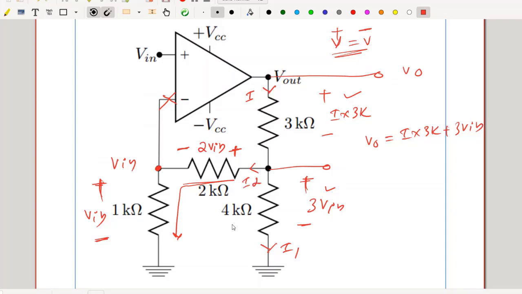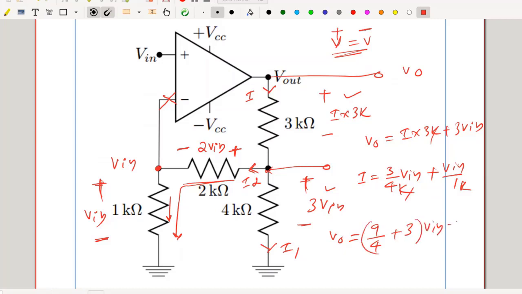Current flowing through 4 kilo ohm is nothing but (3 V in minus 0) by 4. So I1 is 3 by 4 V in, plus this branch current I2, which is the same current flowing through 1K, equal to V in by 1 kilo ohm. So my V out is nothing but I multiplied by 3K, plus another 3 V in.